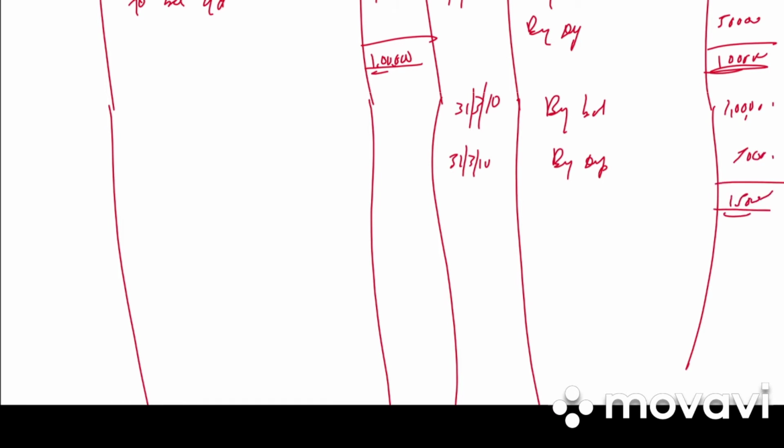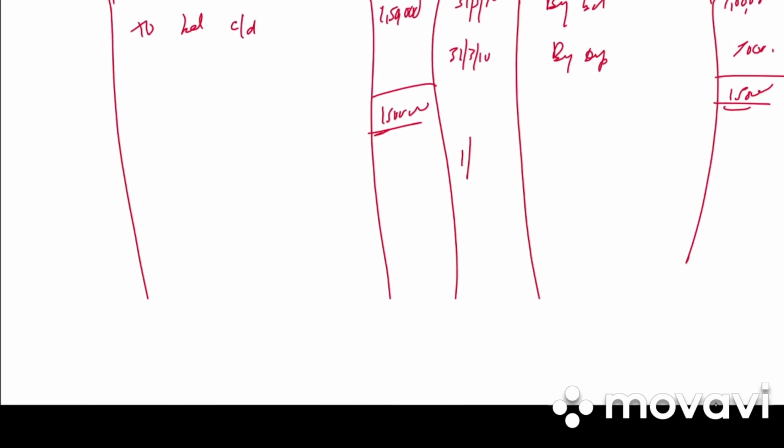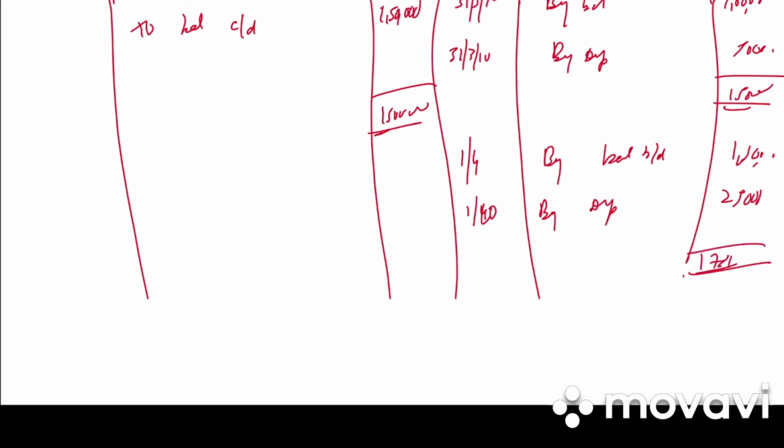So 1,50,000, 1,50,000. To balance carried down on 31st 1,50,000. Then on 1st April we have by balance brought down 1,50,000. Then we have depreciation. How much is it? 25,000 on 1st October. What is the balance? 1,75,000.